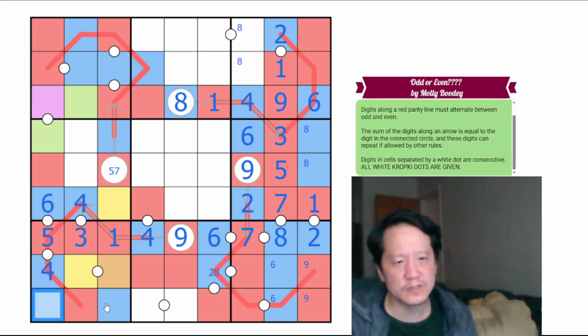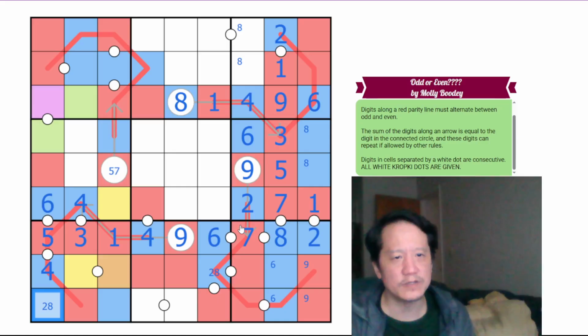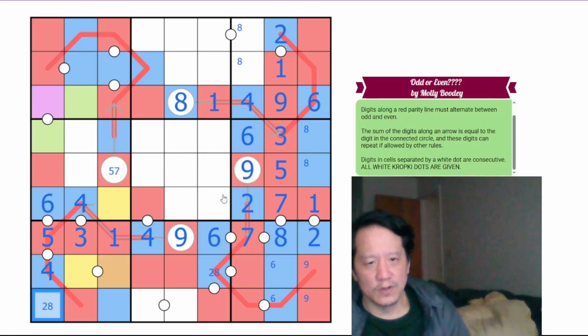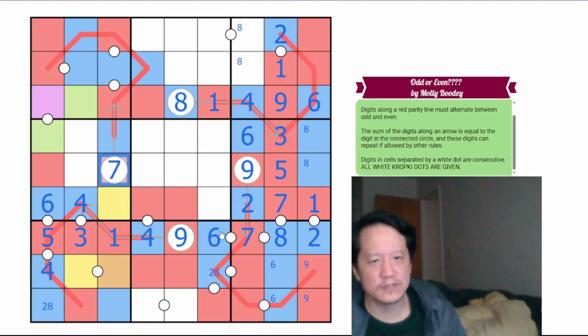This can't be 6 or 4. That's 2 or 8. 8 cannot be here, so that's not even, that's odd. 5 eliminates 5 here, so that's 7.